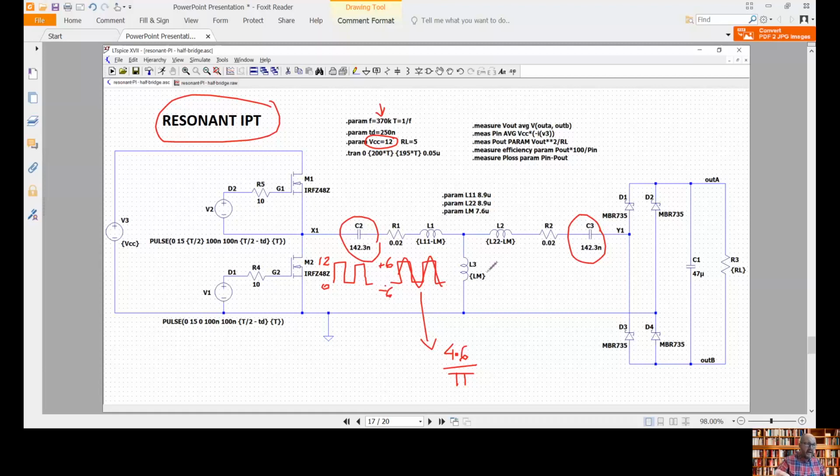And this waveform, because it is operating in series resonance, we are going to have more or less the same voltage here. And the rectifier is going to rectify this waveform and apply a rectified waveform at the output. So at the end, the average voltage that we are going to have here at the output is the average voltage of this waveform.